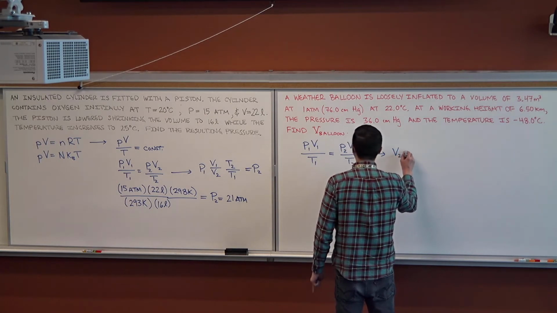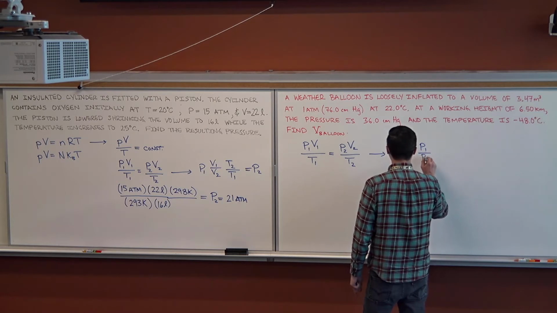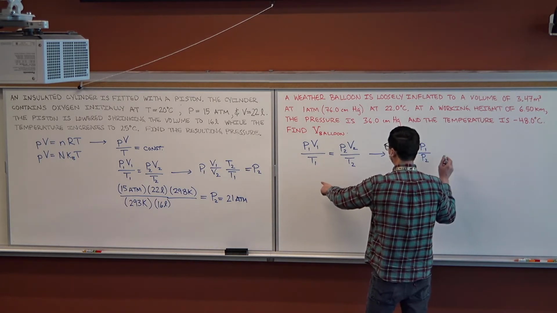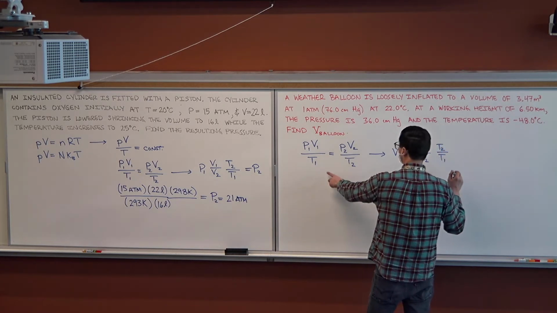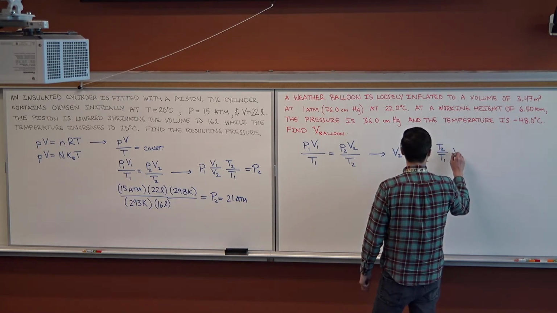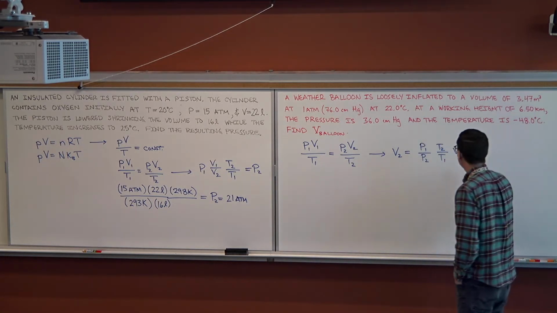So we get that V2 is P1 over P2, T2 over T1 times V1.